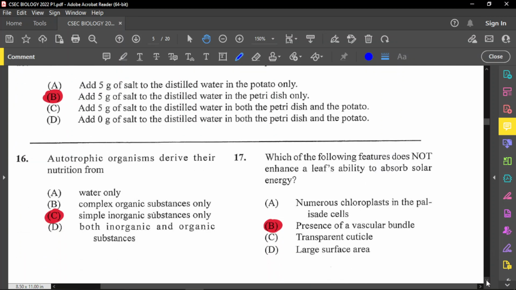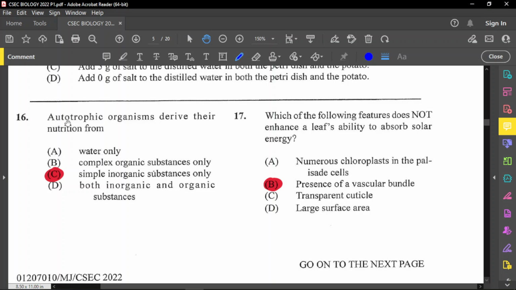Question number 16. Now the question reads autotrophic organisms derive their nutrients from. And when we say autotrophic, it means that they are self-feeding organisms, such as plants that photosynthesize. And so they use simple inorganic substances. We're talking about plants that use water and carbon dioxide.